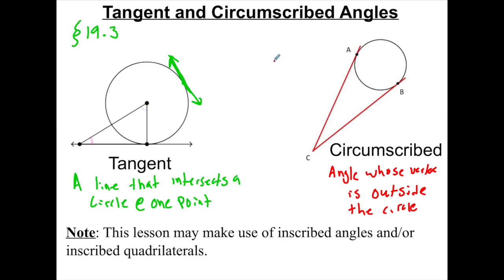So usually, remember we talked about inscribed. An inscribed angle would have a point that's within the circle or that's on the circle, like this. This would be like an inscribed angle right here. Or if I wanted to connect the 2 points that I have, this would be an example of an inscribed angle. Whereas this would be an example of a circumscribed angle.